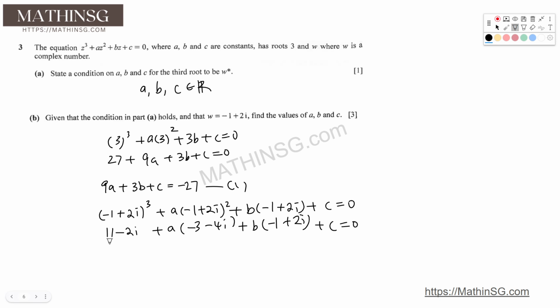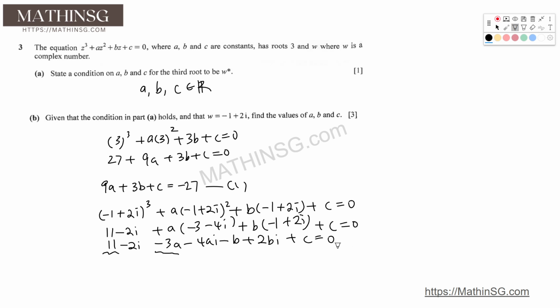I will get 11 minus 2i minus 3a minus 4ai minus b plus 2bi plus c equals 0. So since all the coefficients are real, I can equate real to real, those numbers without i to be equal to each other, and those numbers that have i, I will put them to be equal to each other.